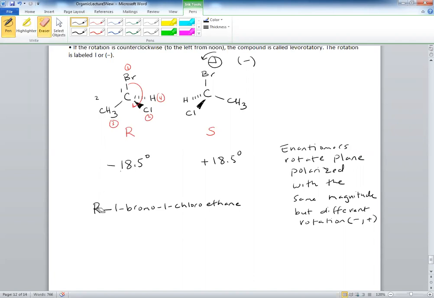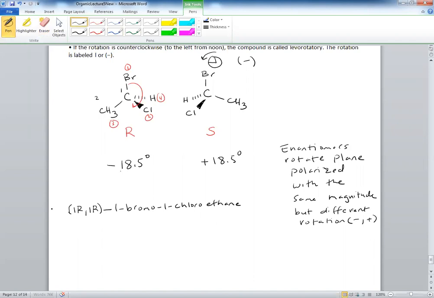Of course, we have to put both of them, so we say 1R and 1R, because it applies to the chloro and the bromo, just remember that.